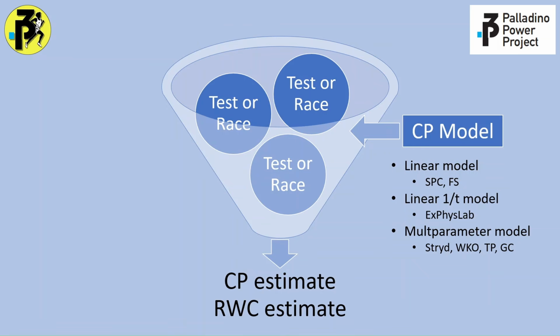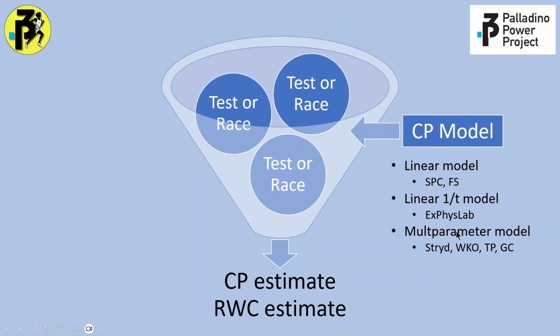By the way, I'll put a link to a video tutorial on the calculators in Final Surge from Palladino Power Project in the description of this video. There's also a linear 1/time model, which you can find at xphizlab.com, and I'll put the link for that in the description as well.